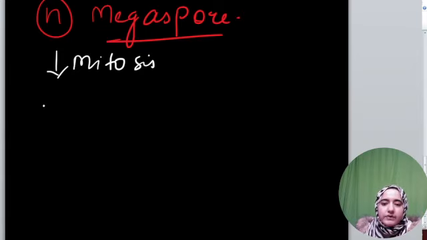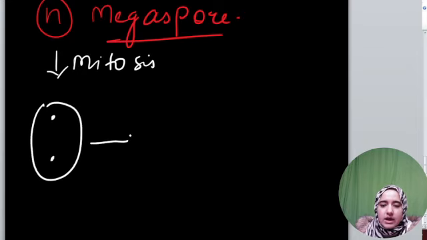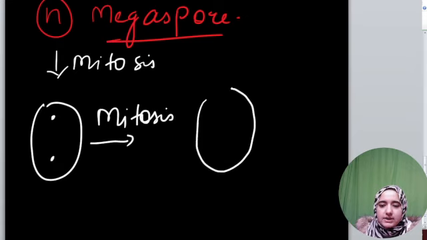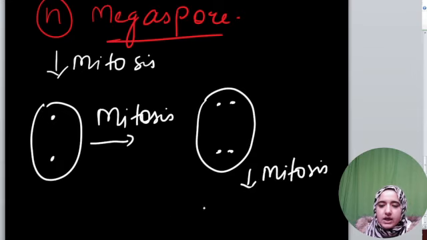After one mitosis, they will form two nuclei, 1 and 2. Then it undergoes another mitosis and forms 1, 2, 3, 4. It will undergo another mitosis, and 4 will give 8, right?